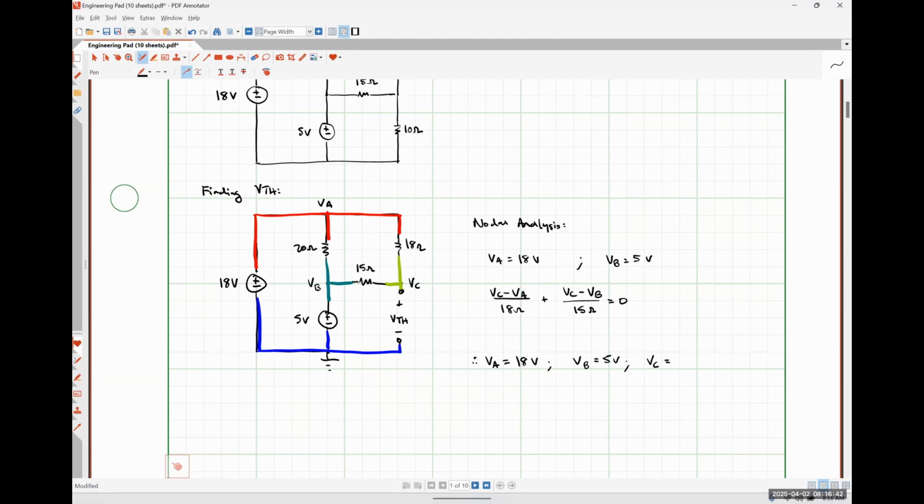So in my first equation, my coefficient for VA is 1, my coefficient for VB is 0, my coefficient for VC is 0, my answer is 18 volts. In my second equation, my coefficient for VA is 0, VB is 1, VC is 0, constant is 5 volts. My third equation, my coefficient for VA is -1 over 18. My coefficient for VB is -1 over 15, and my coefficient for VC is 1 over 18 plus 1 over 15.